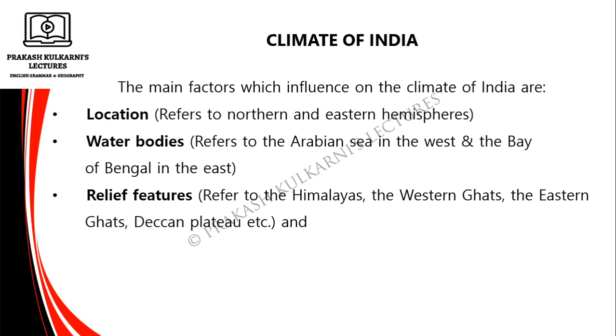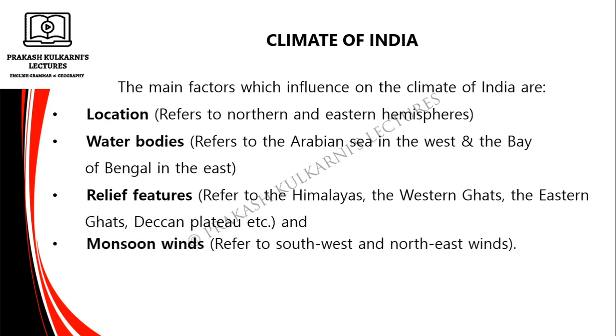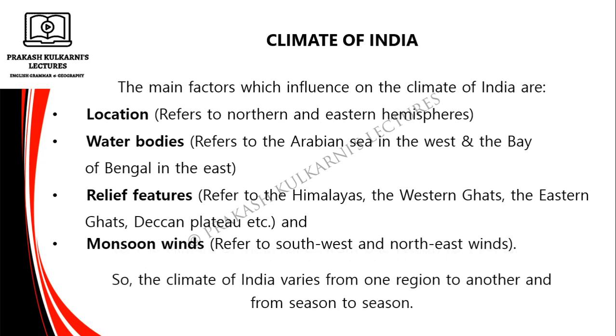It refers to the Himalayas, the Western Ghats, the Eastern Ghats and Deccan Plateau, etc. Monsoon winds refer to southwest and northeast monsoon winds. So the climate of India varies from one region to another and from one season to another season.